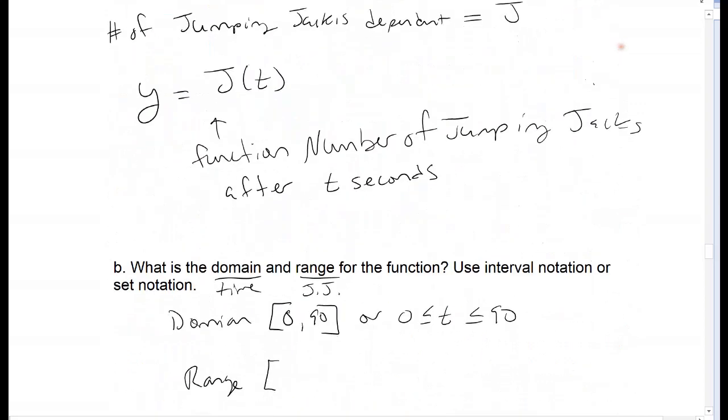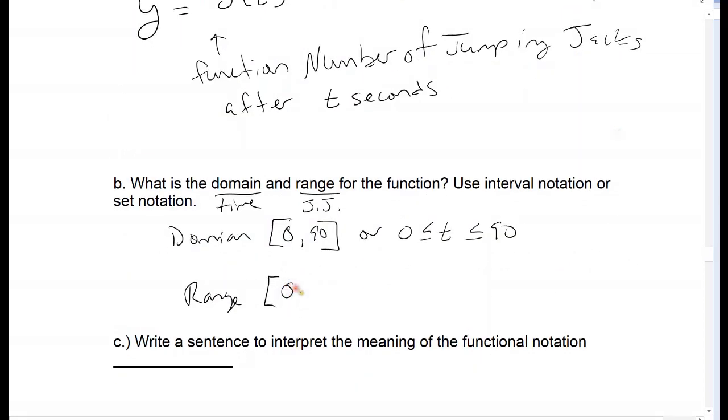So I'm going to include the fractions. I can complete anywhere from 0 to 100, and I can do part of a jumping jack if I stop midway. Or you can say jumping jacks are greater than or equal to 0 and less than or equal to 100. Either one of those would be fine.